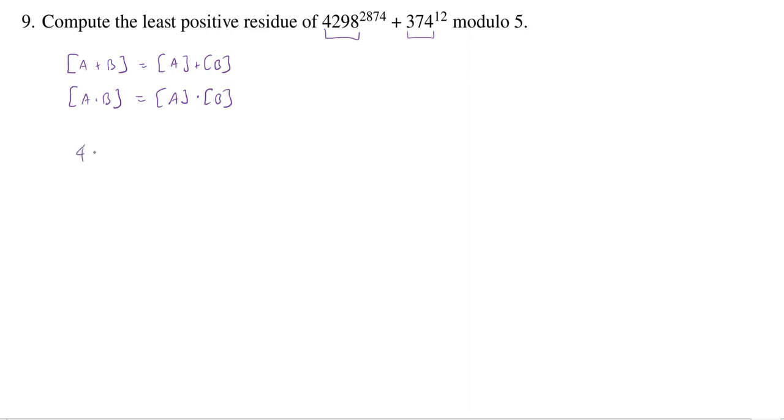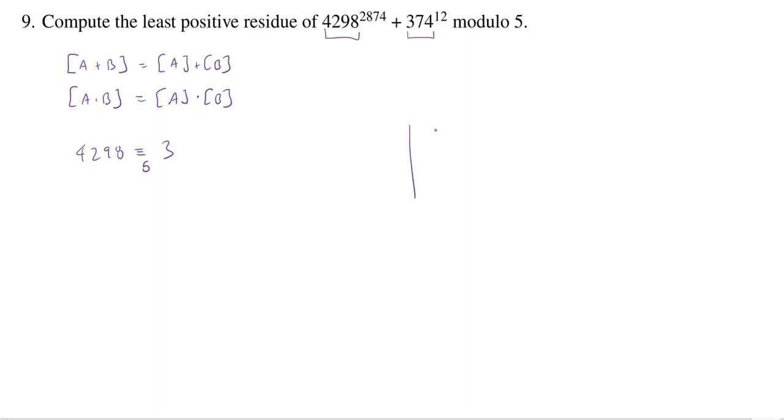So 4,298, well, mod 5 is pretty easy, right? 5 goes into 10 twice, so I can just subtract any multiple of 10 I like. So I can subtract 4,290 from this, and then I'll be left with 8. And then I can subtract another 5, and I'll be down to 3. So modulo 5, 4,298 is just 3.